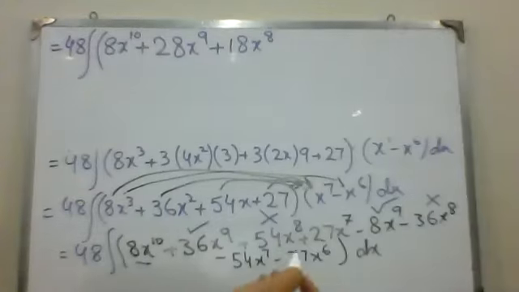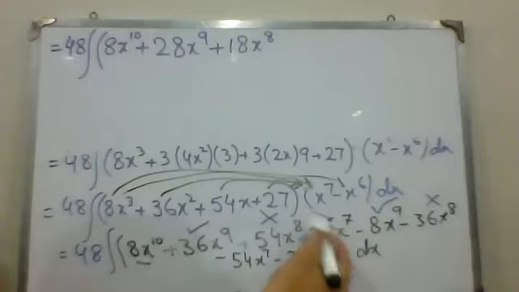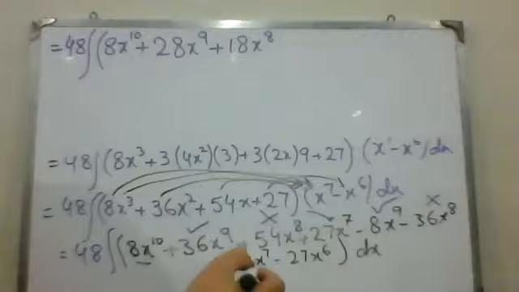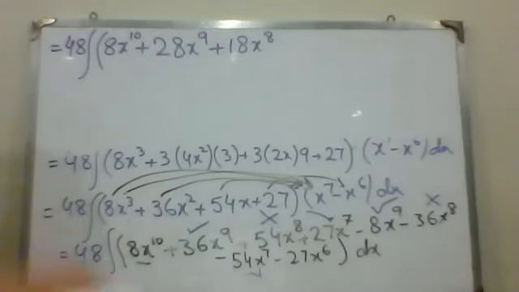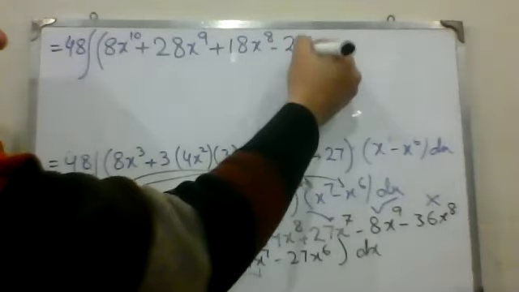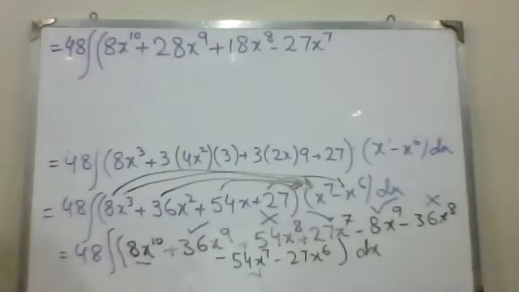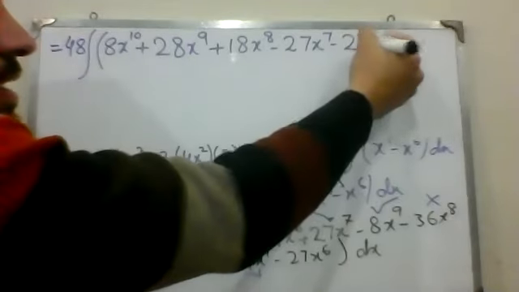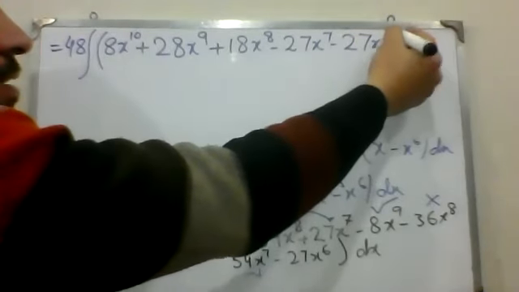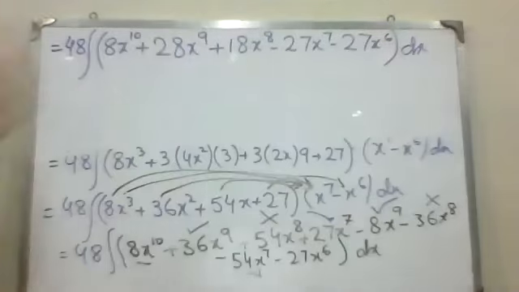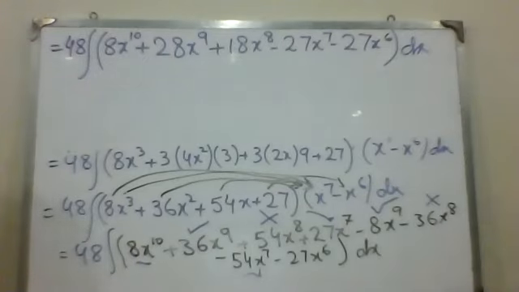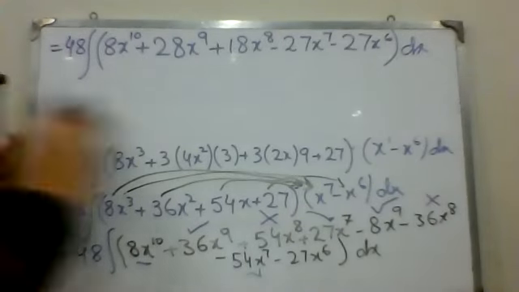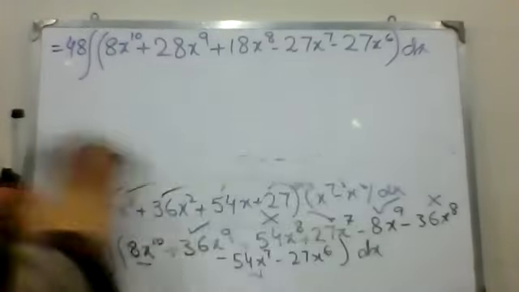Now next term 27 minus 54. 27 minus 54 is minus 27. Minus 27 x to the power 7. Now next one, x to the power 6 is simple, minus 27 x to the power 6 and bracket close dx. So that is our term. Okay. So now here 48 is outside.